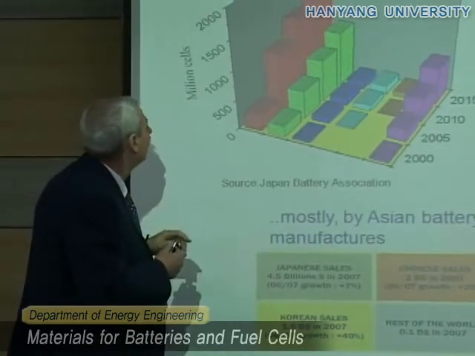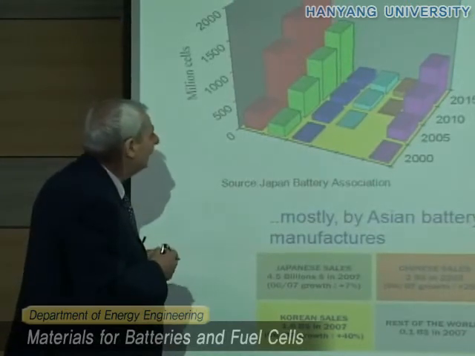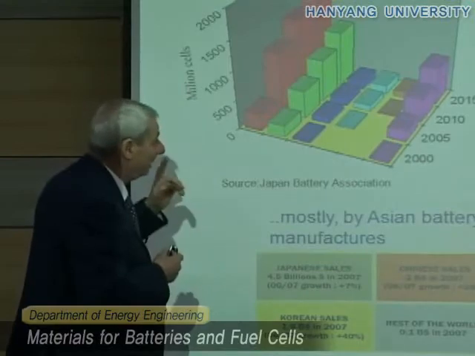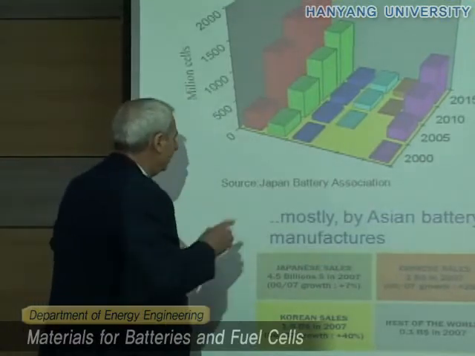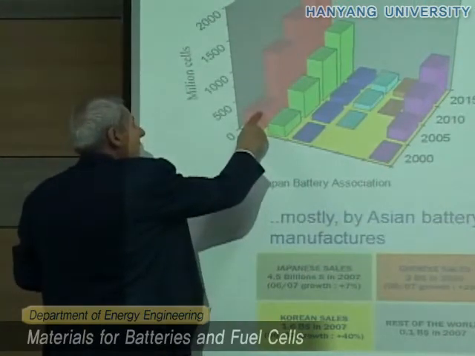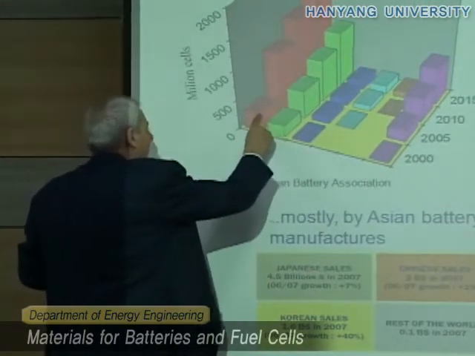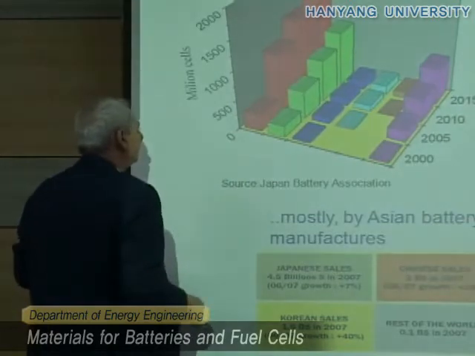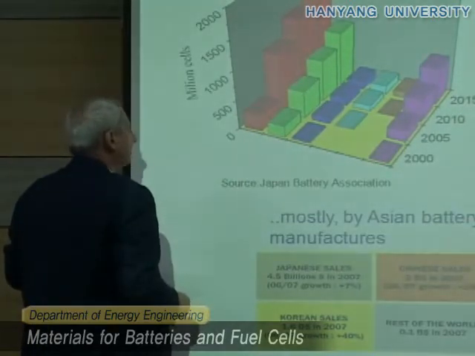Let me take that again. In the year 2000, the number of batteries sold for cellular phones was about 400 million.